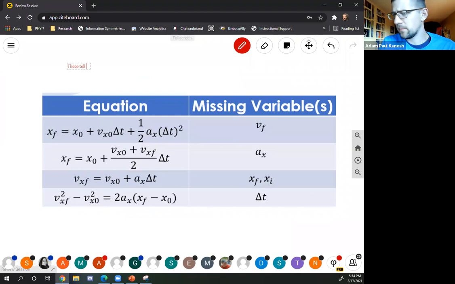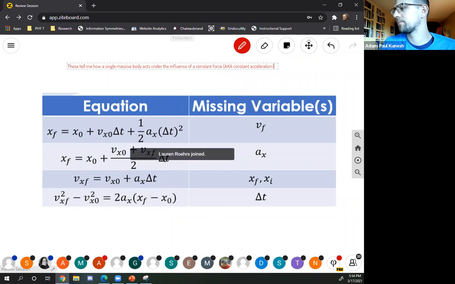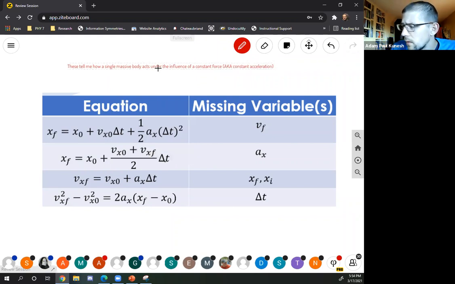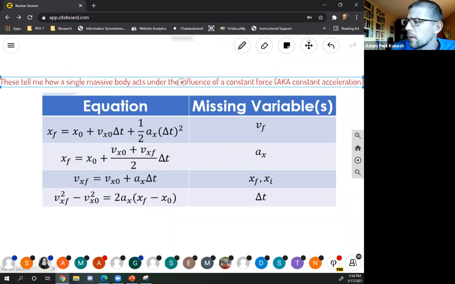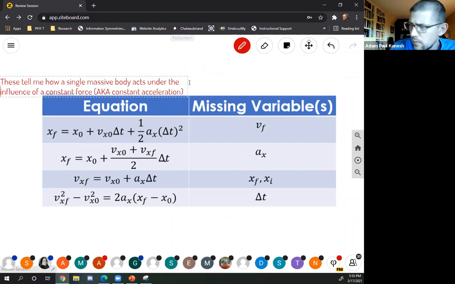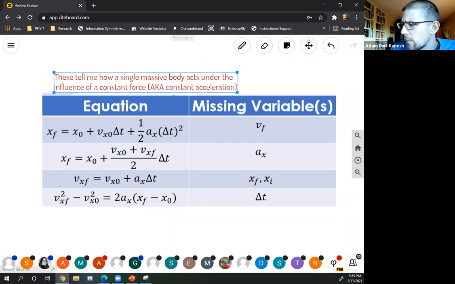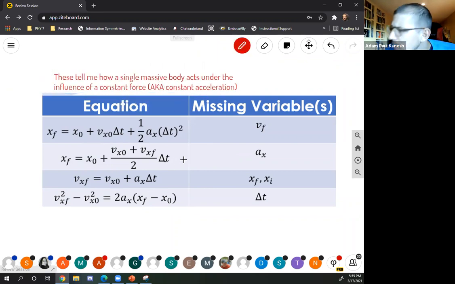So these tell me how a point mass, a single massive body, acts under the influence of a constant force, aka constant acceleration. So what do each of these things say?